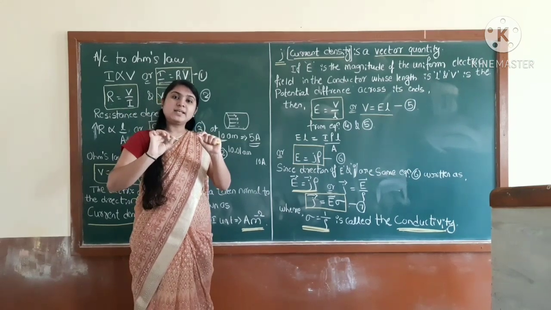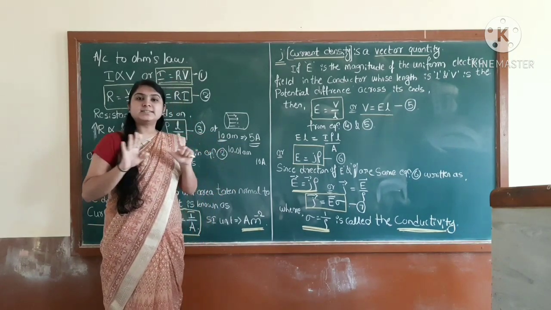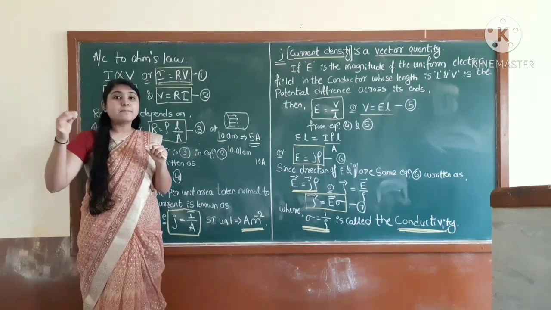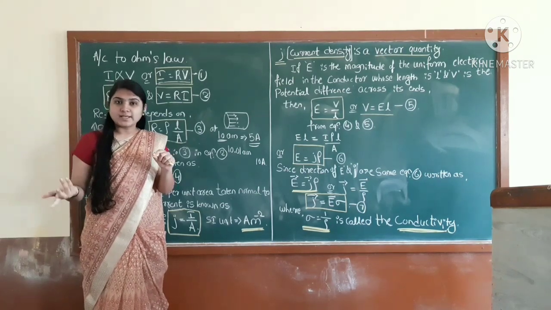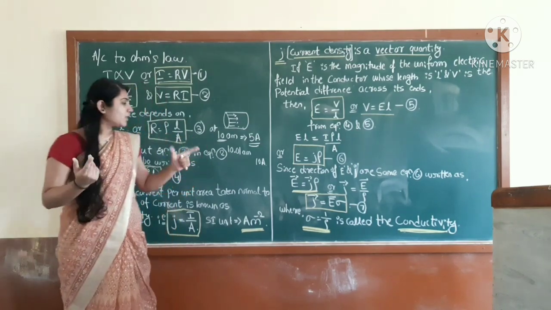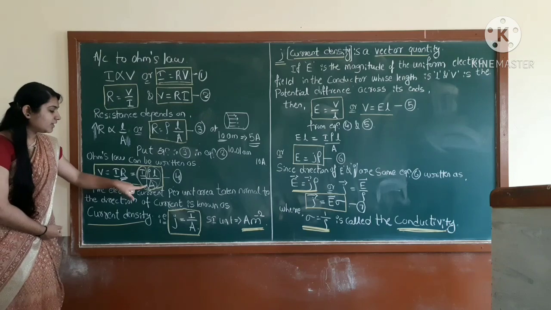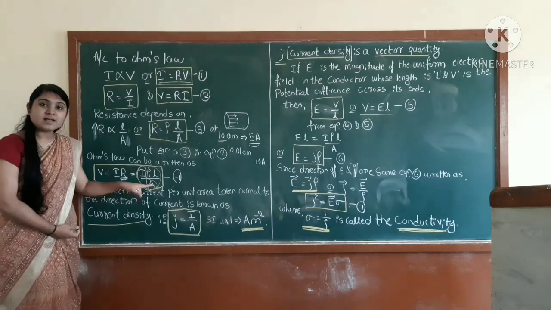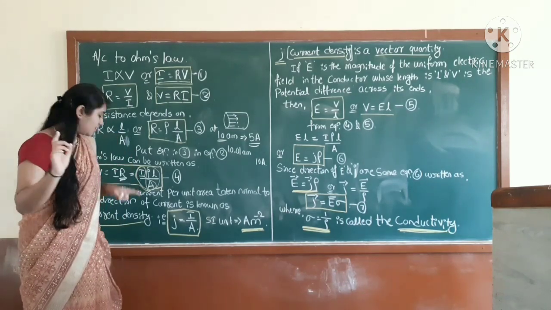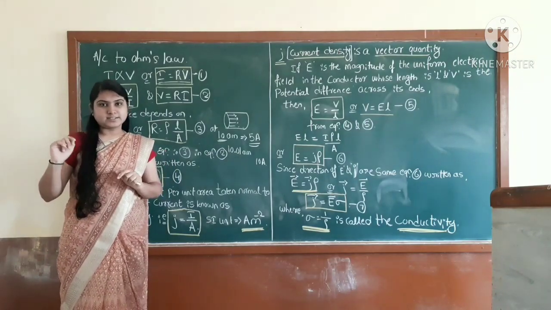That's why we considered here the unit time. So current density is nothing but the amount of charge moving in a conductor per unit time. We can call it the current density, right students? So the current per unit area moving in a normal direction to the current is known as the current density.